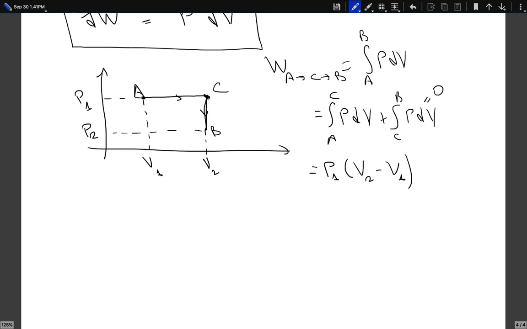Well, let's look at some other alternative. Let's say I start from A, but this time I first drop the pressure of my system, then increase the volume.